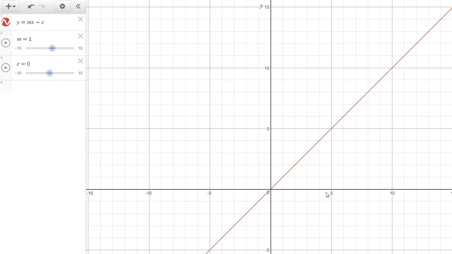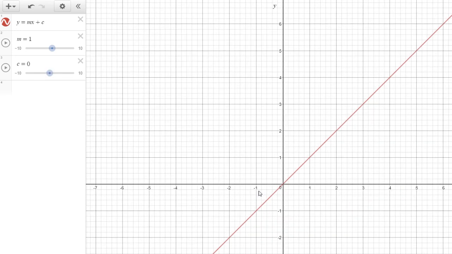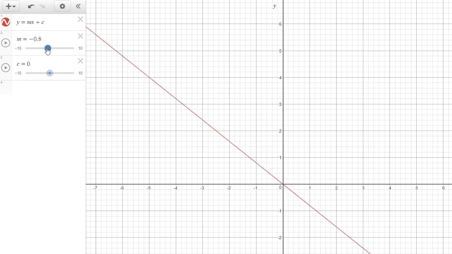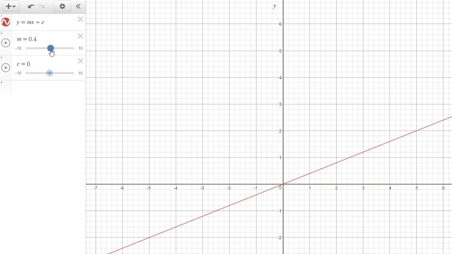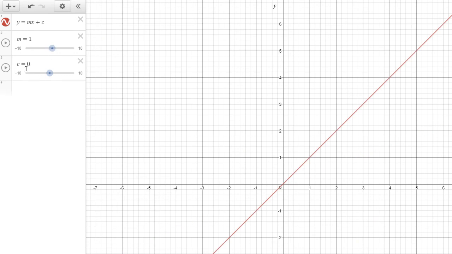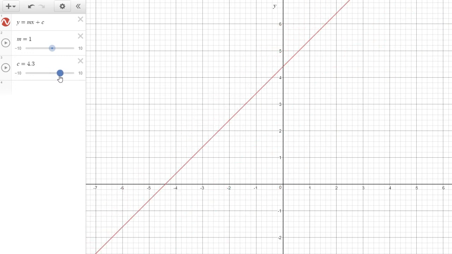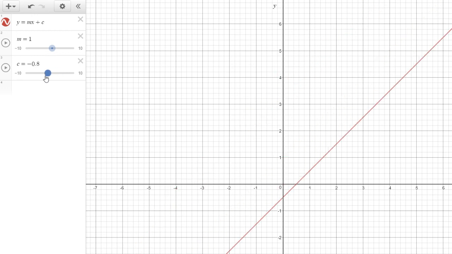So that's just the line y equals x. If we change the gradient, it swivels around the axis, so a positive gradient and then a negative gradient. If we put that back to a value of 1, we can change the height as well, the cut-over point on the y-axis, so we can go up with plus values, and down with minus values.